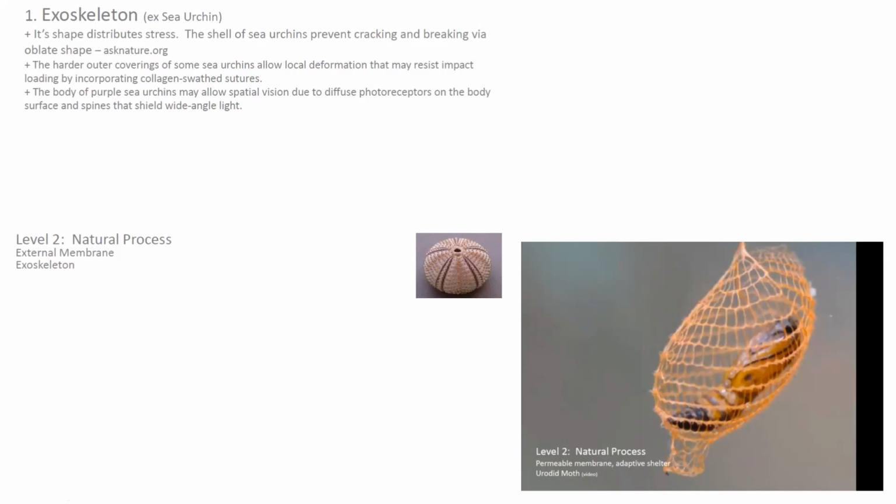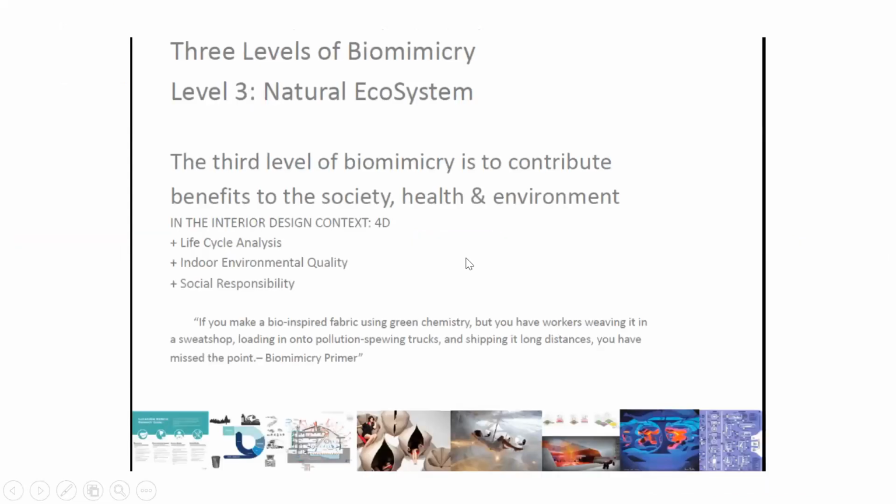So here's an example. Then we have level 3, which is the benefits that it's going to bring to society and health and the environment, so the ecology of things. There's something we call ergonomics.